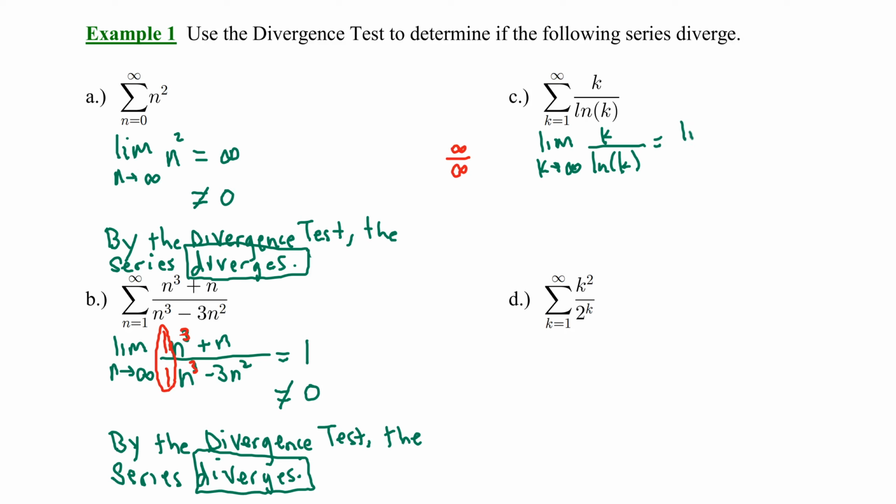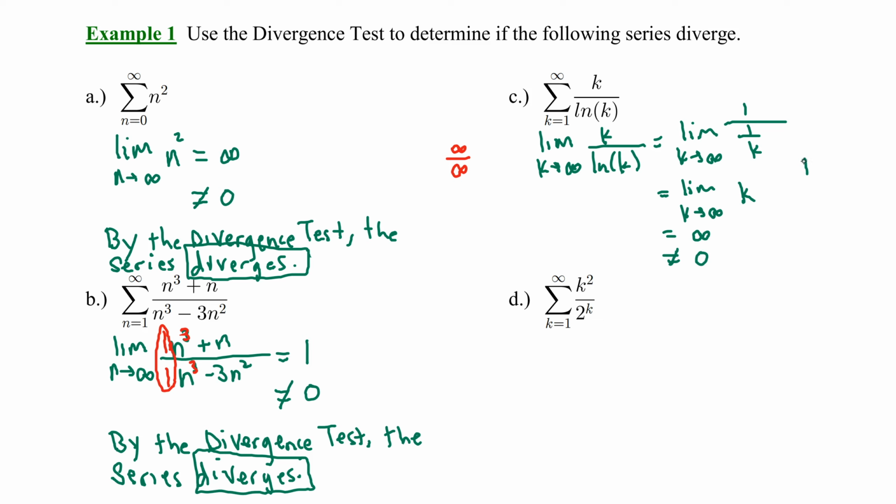So applying L'Hopital's rule, the derivative of the top is 1, the derivative of the bottom is 1 over k. When we simplify this complex fraction, we have the limit as k goes to infinity of k, which is infinity, obviously different from 0.